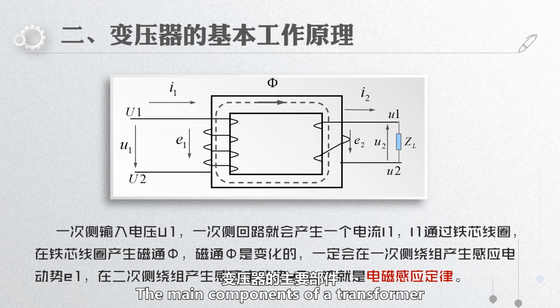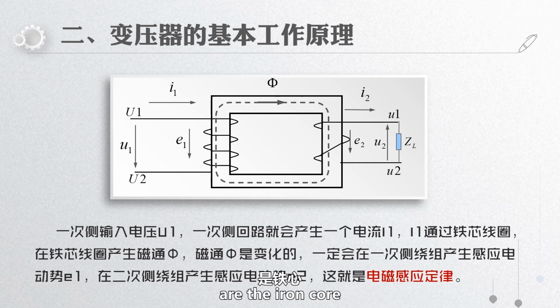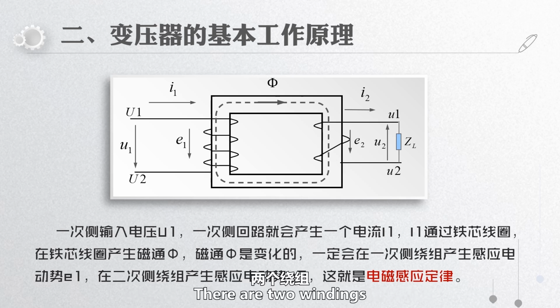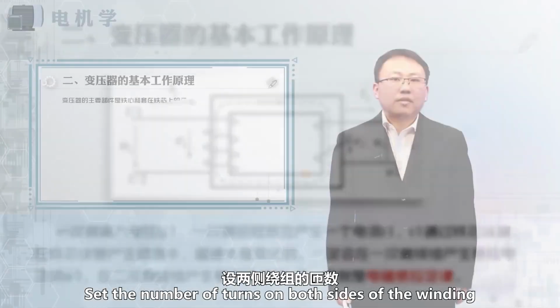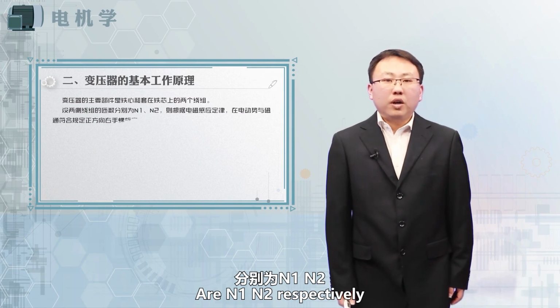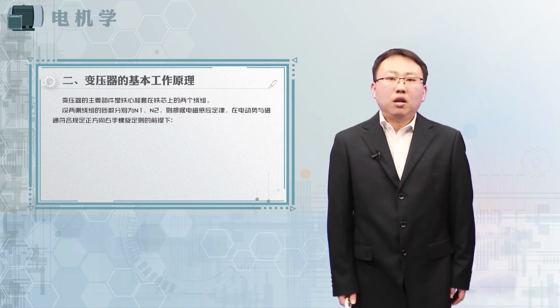The main components of a transformer are the iron core and the coils wound around the iron core. There are 2 windings. Set the number of turns on both sides of the winding as N1 and N2 respectively.